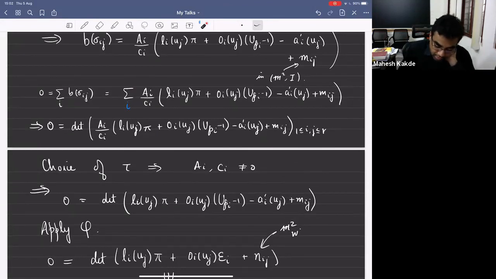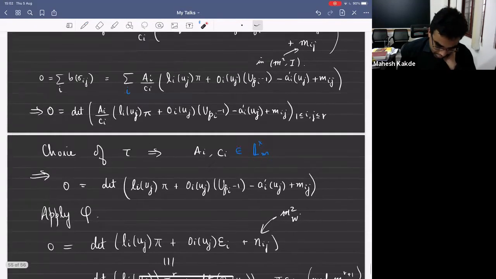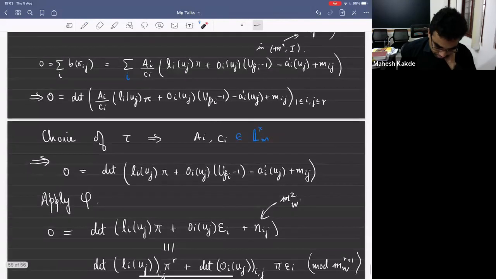And so here's what I wrote earlier, that these are not zero divisors. These are in L, M, cross. Now if you observe this formula, everything is integral except these A_i by C_i.